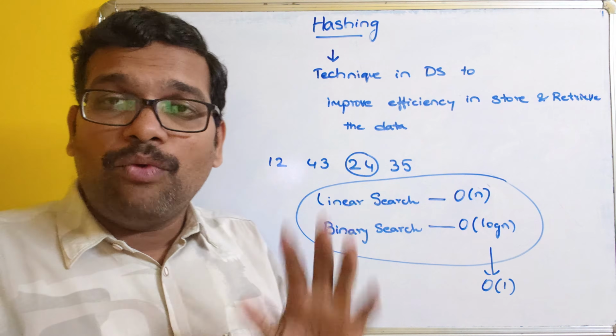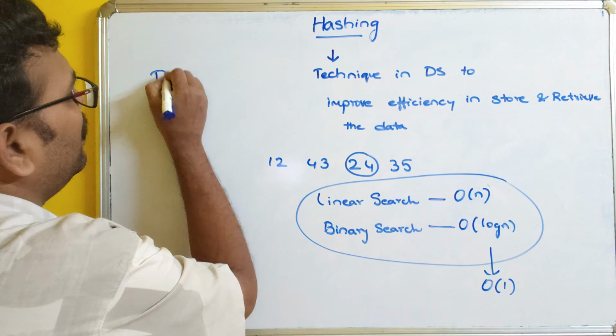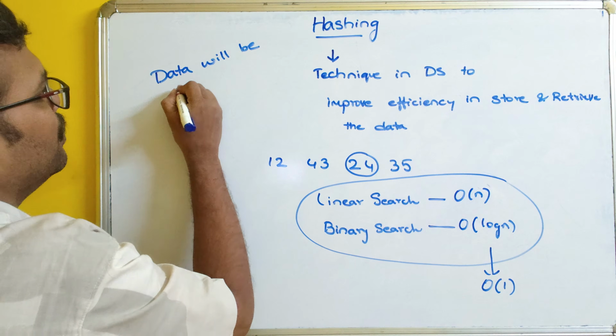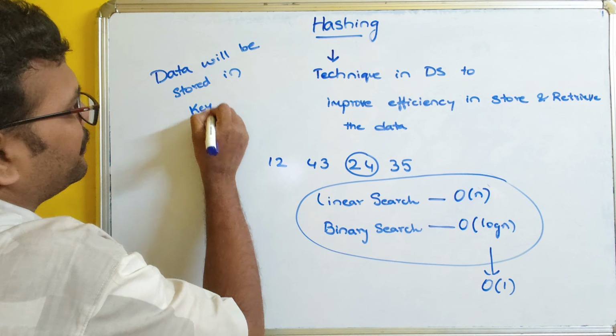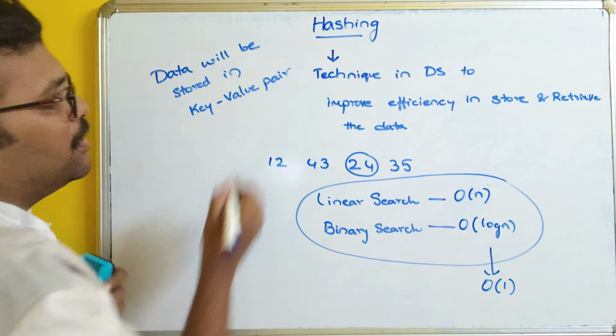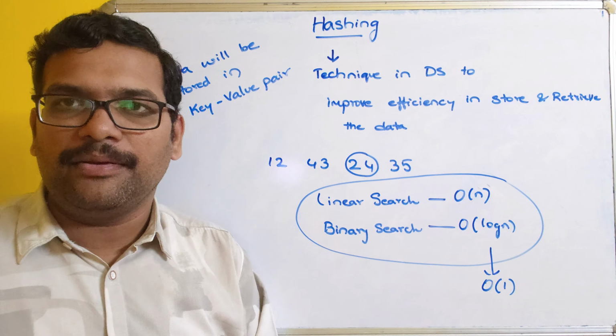Now we'll see what happens in hashing. Here the data will be stored in key value pairs. The key will be representing that particular value in the memory, right?